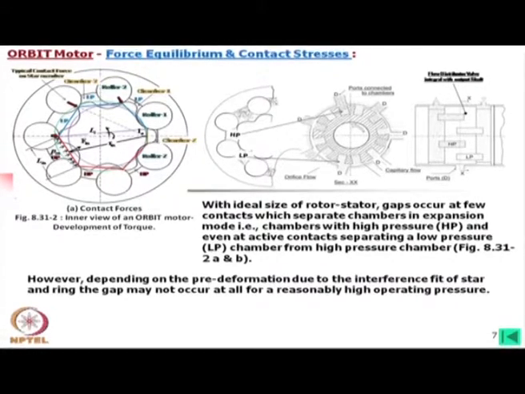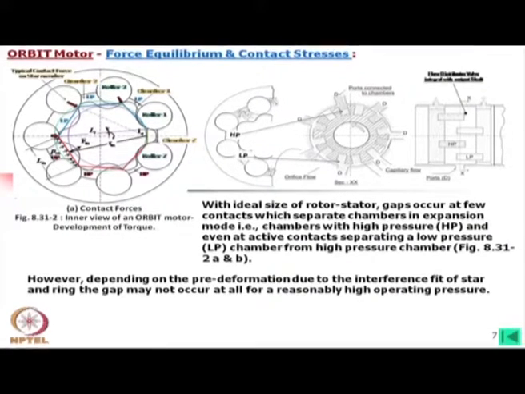Now, if we put in the interference fit, it means that these rollers are oversized as well as the star. In that case, each and every contact, so assembly is difficult, but that is done with some technique, heating one element and cooling the other element, so assembly is possible.